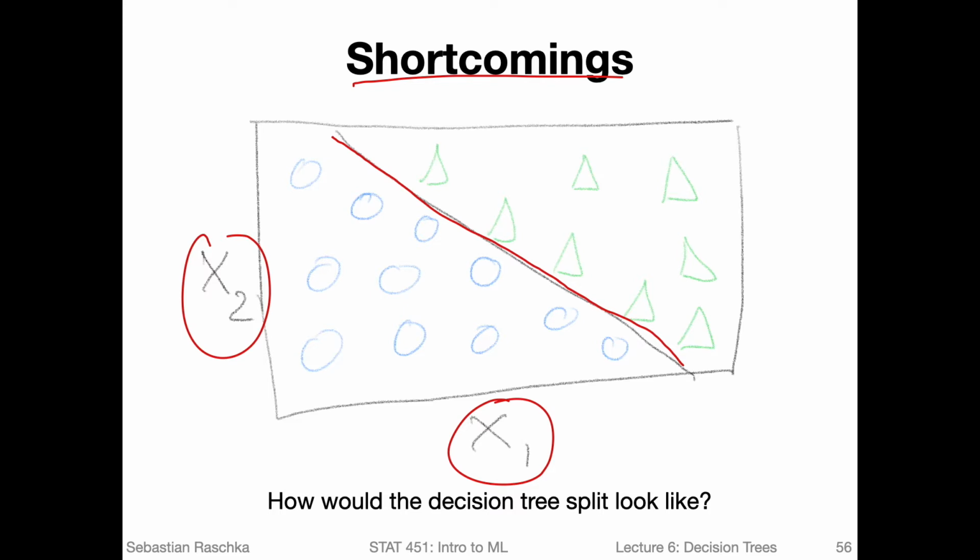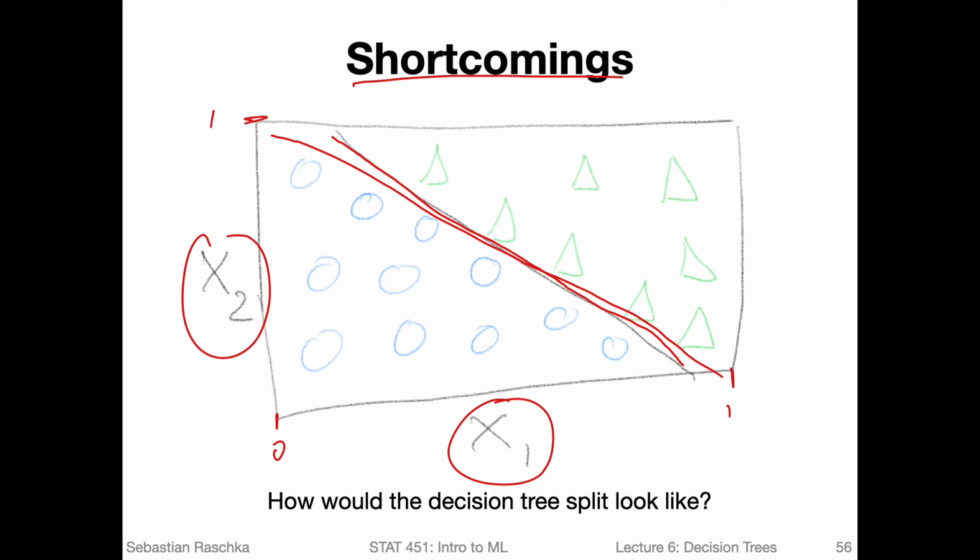For example, let's say this would be a perfect diagonal. Let me tell you this is feature value 0, this is feature value 1, and this is also 1, so that it's the maximum.